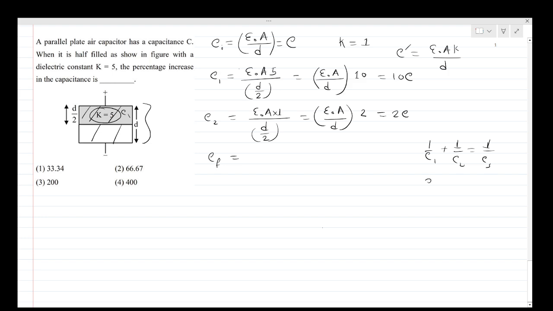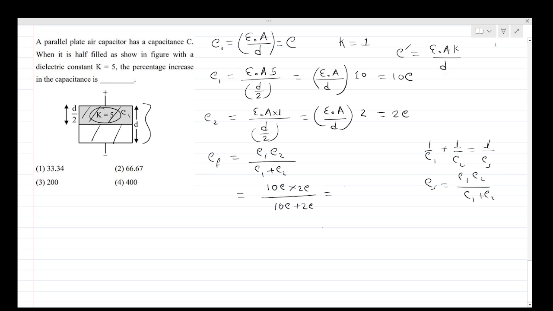So we can easily write that CS in series connection is C1 C2 by C1 plus C2. So if we put the values, then we can write 10C into 2C by 10C plus 2C.